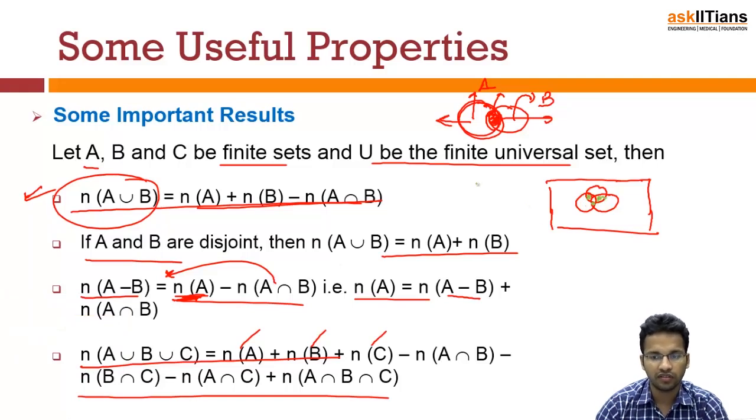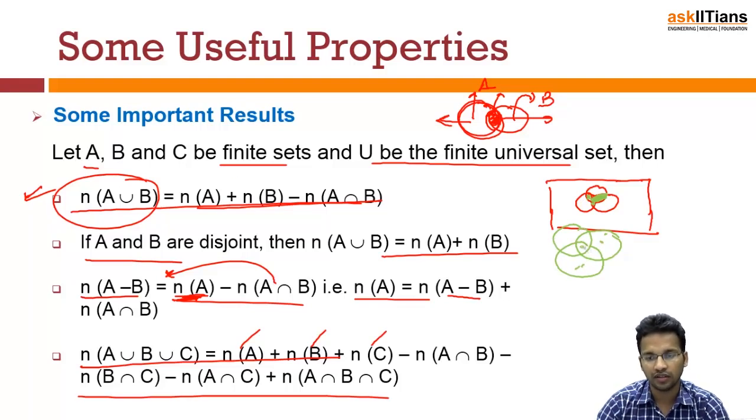And the middle one, which is still unshaded, will be counted thrice. So what do we need? Now if I subtract the common part, let me just zoom it a bit. If I subtract the intersection of these two, this will also get subtracted.